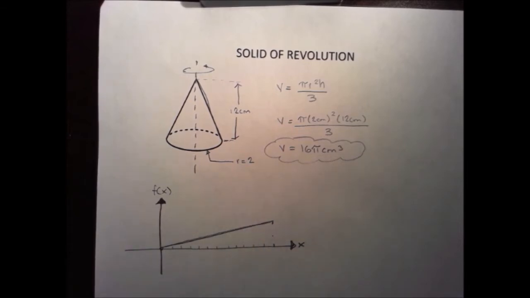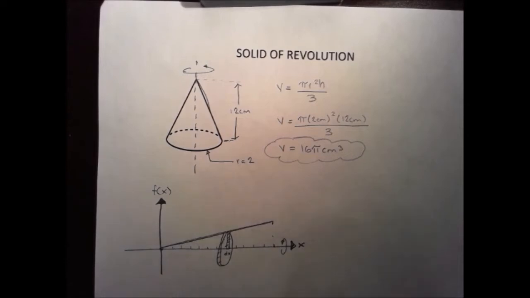Remember what you are going to do: you need to make here a differential rectangle that, according to the axis of revolution, is going to become a differential disk.